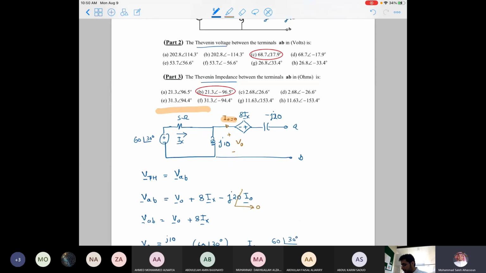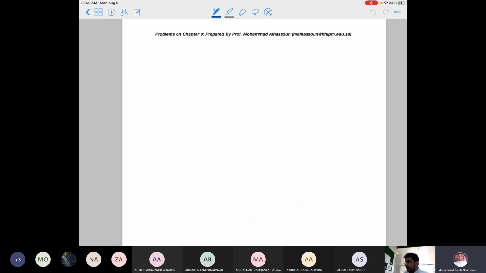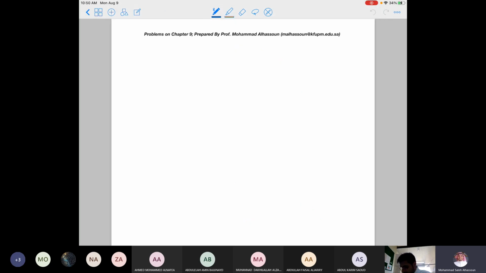If your calculator does not allow this, then you need to convert everything into polar form and then perform the multiplication. And this is what I'm going to do. But if your calculator does it for you, then don't waste time on that.